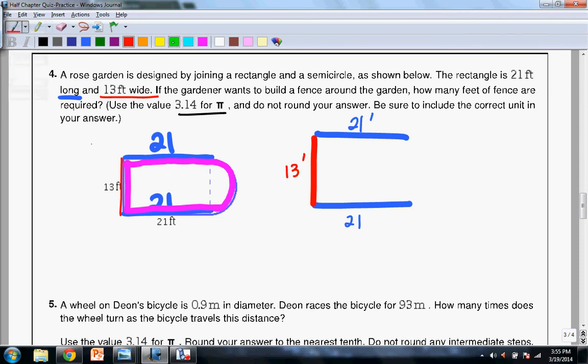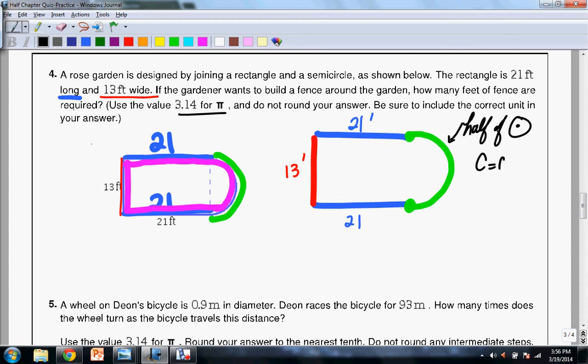The only part we don't have figured out is this. So we have to figure out how to find that. Now ask yourself what that is. This is half of a circle's circumference. It's half of a circumference. So we know circumference equals d pi.